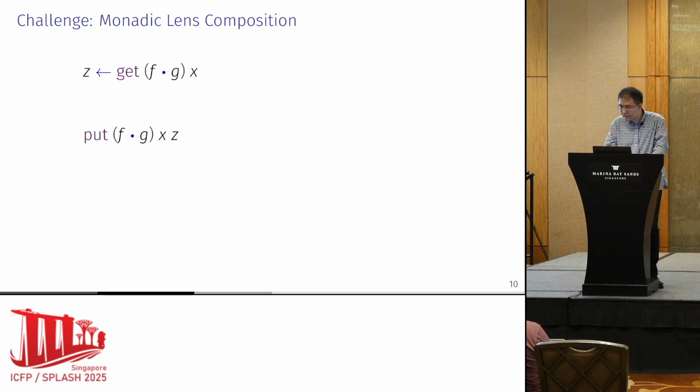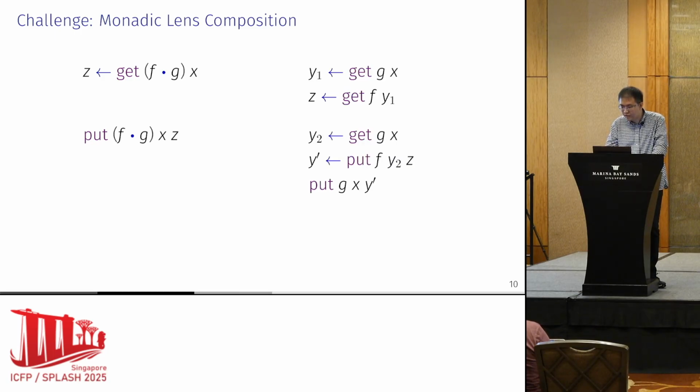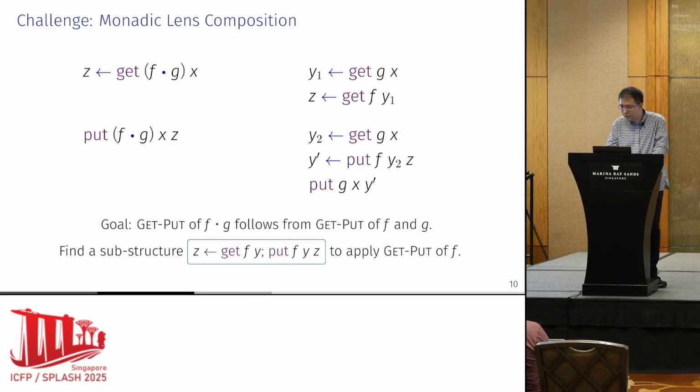But when we consider their composition, for example here, first get followed by put, and we expand the definition for get and put respectively. So if we want to show that composition preserves the round-trip properties, the goal is to show that the get-put of this composition follows from the get-put property for both f and g, which means we want to find a substructure for get-f followed by put-f in this composition chain.